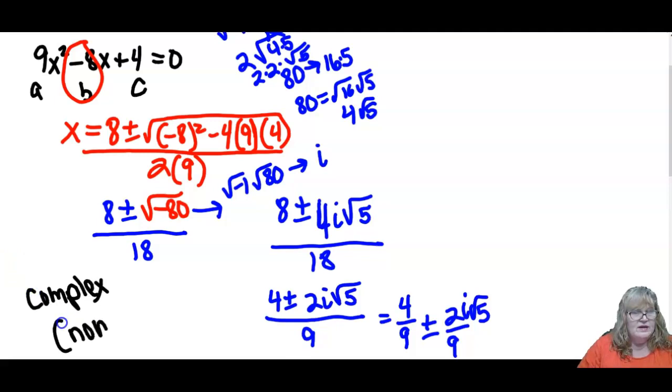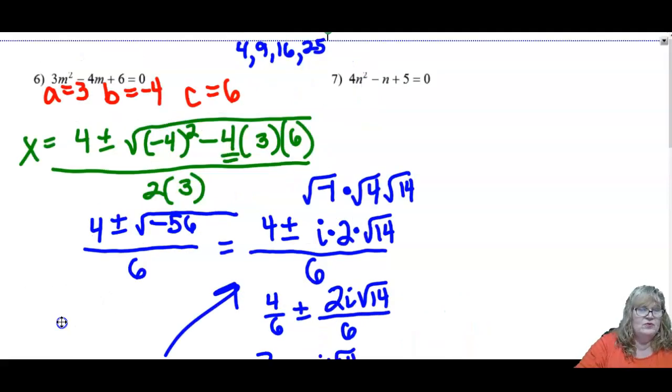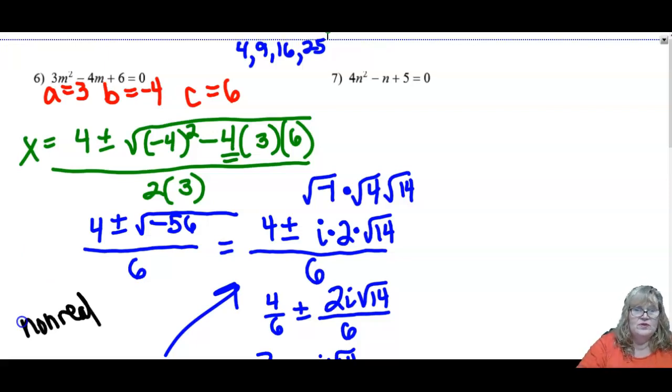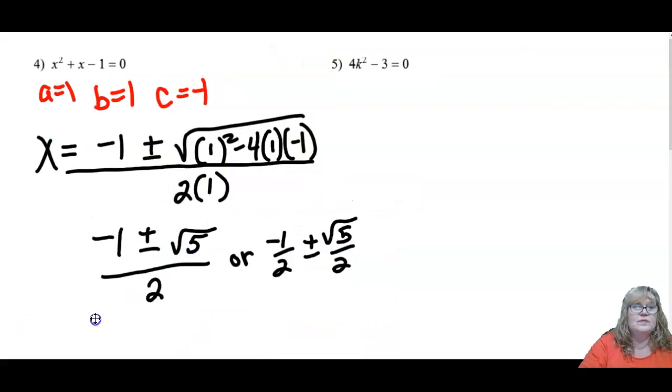They are non-real solutions. On the one before this, we ended up also with imaginary, so we had non-real solutions or complex. On the one before this, we ended up with a positive square root of 5, so this had two real solutions.